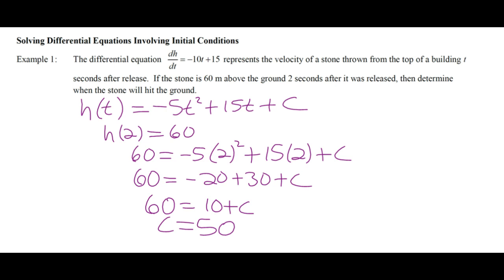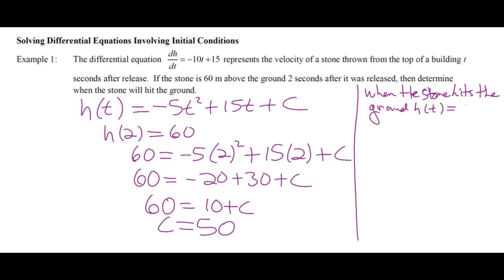But we want to determine when the stone hits the ground. What do we know about when the stone hits the ground? H is 0. So when the stone hits the ground, h of t is equal to 0, the height is 0.